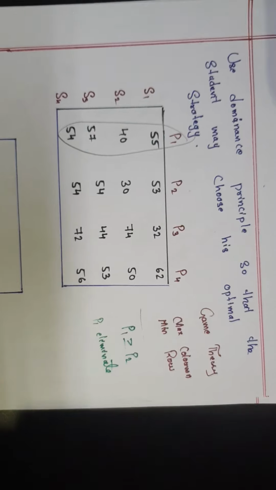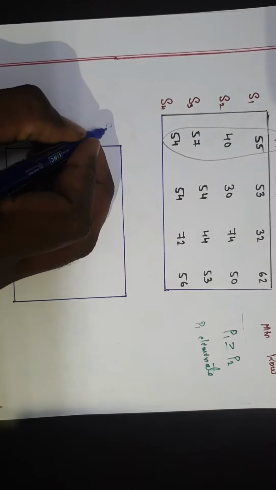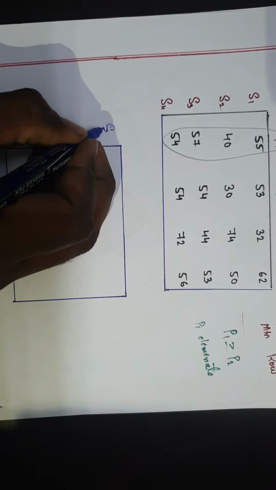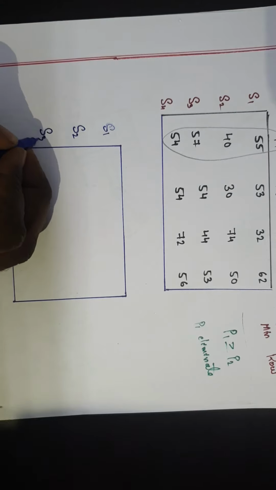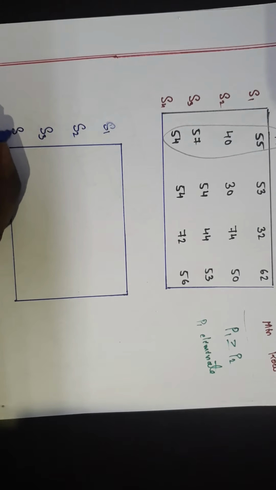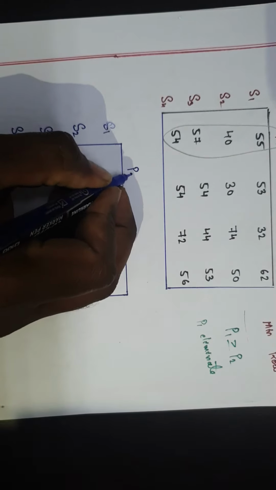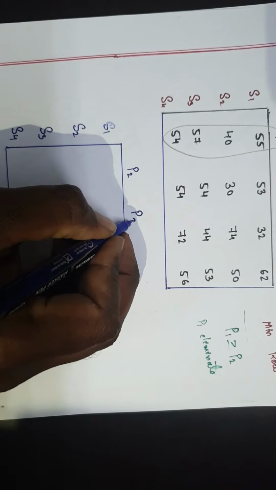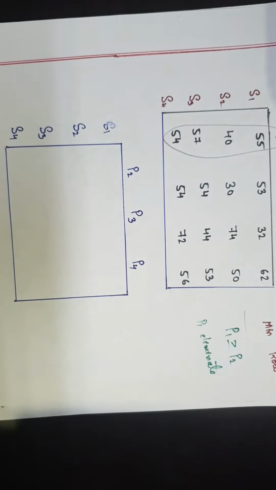So first I will write S1, S2, S3, S4 as the rows. P1 is already eliminated, so the remaining columns are P2, P3 and P4, along with the inside terms.